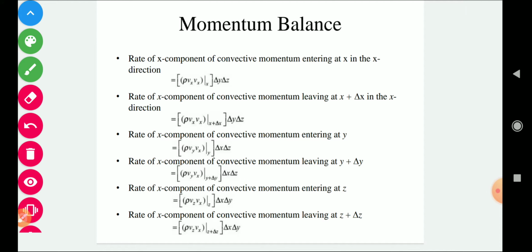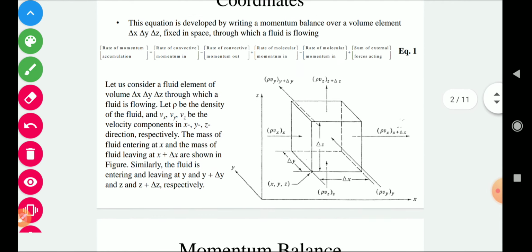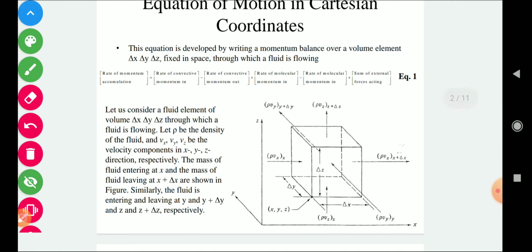Area is delta y delta z. As you can see in this diagram, we are considering mass in x direction. So here area will be equal to delta z into delta y. So this one is the cross sectional area of the control volume in x direction.